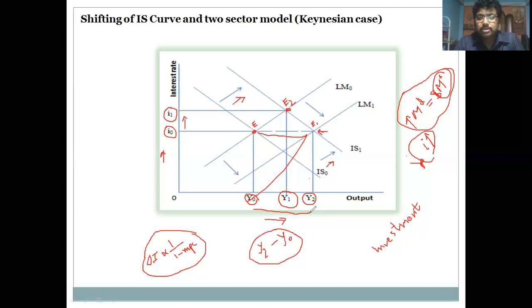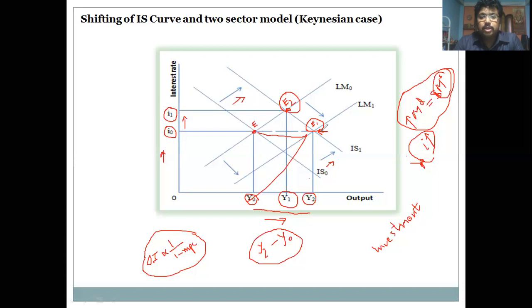We get the new level of output, Y1, where the money market and goods market both are in equilibrium at E2. This E1 point represents only the goods market equilibrium.